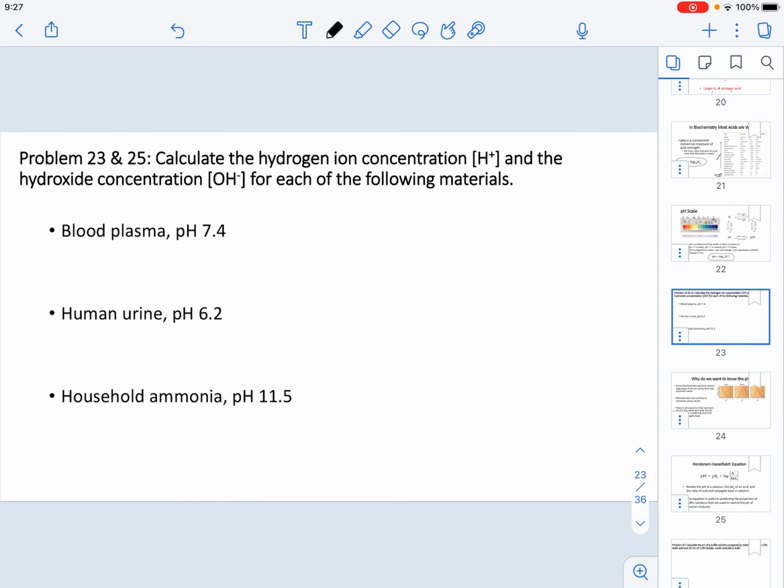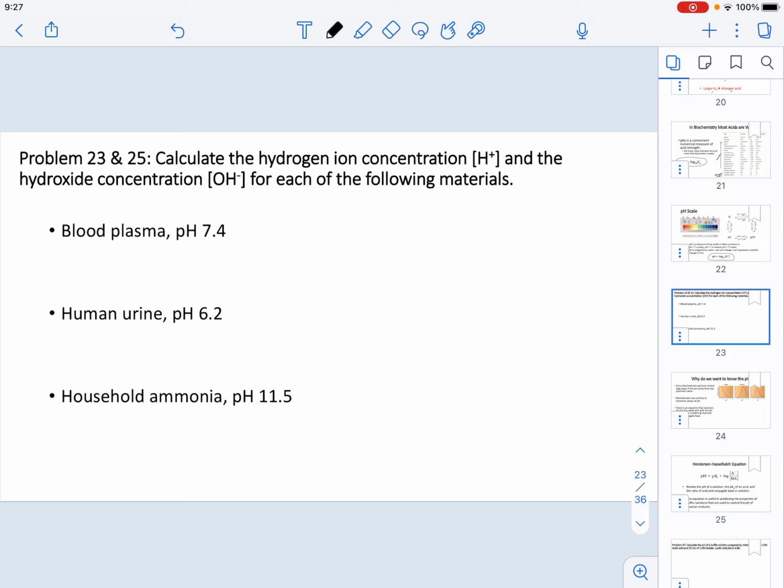Let's proceed to the next question. As you can see, we're going to try the book problems, which are problems 23 and 25. They're related to one another because they say, calculate the hydrogen ion concentration, H plus, in other words the proton concentration, and the hydroxide concentration for each of the following materials.